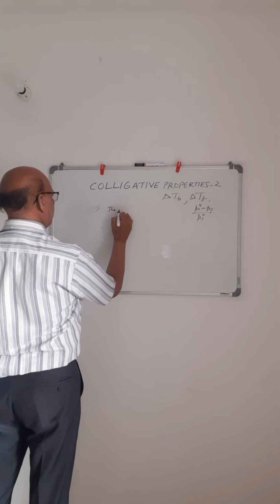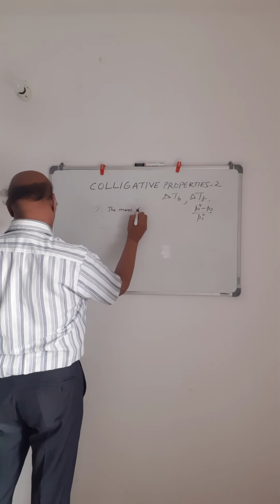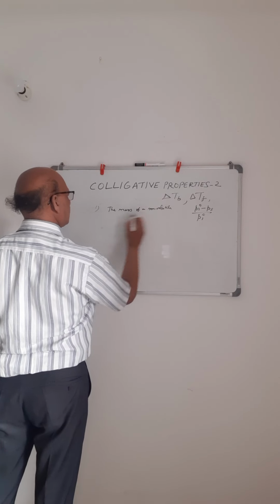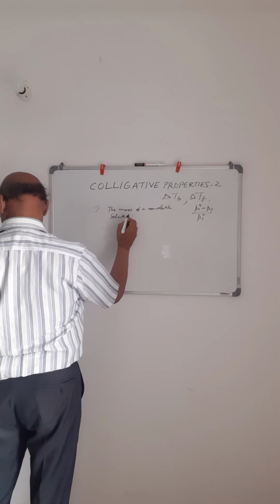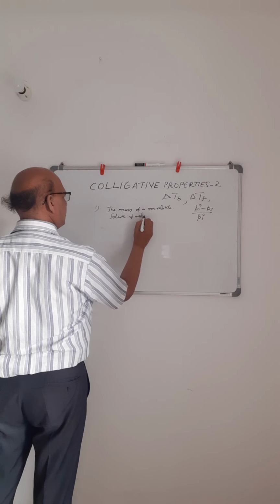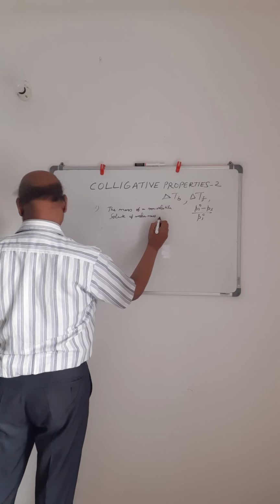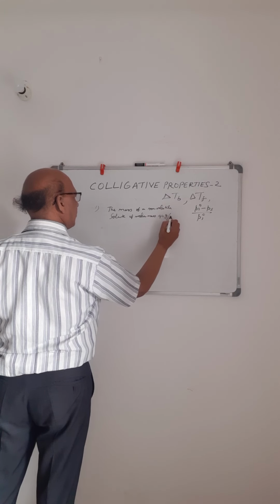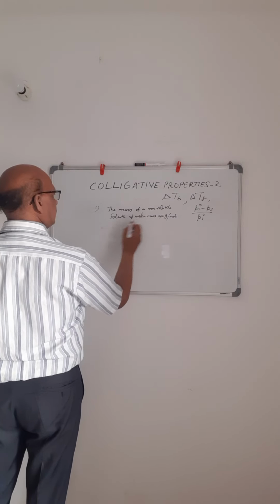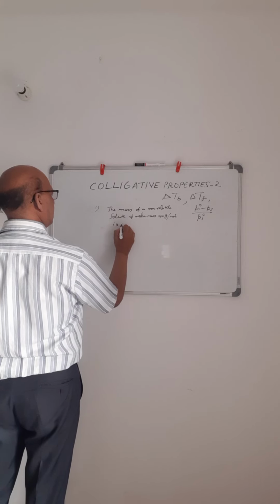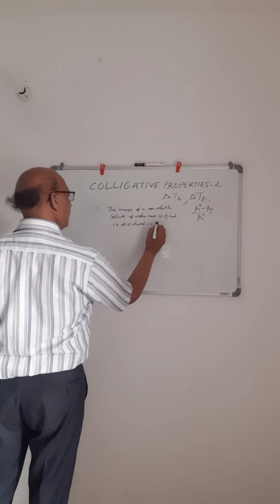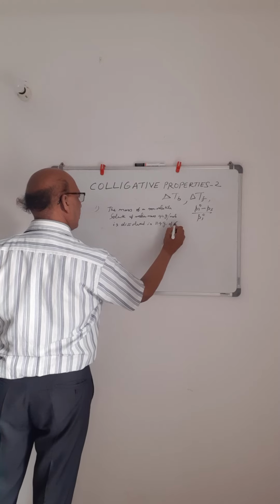it is required to calculate the mass of a non-volatile solute, of molar mass 40 gram per mole, that is dissolved in 114 gram of octane.